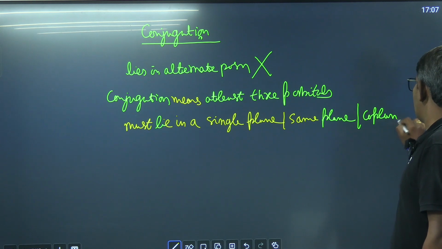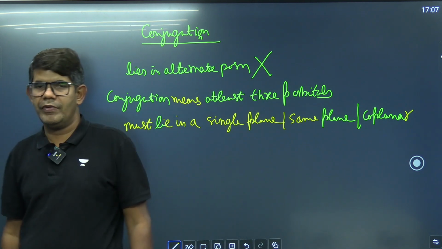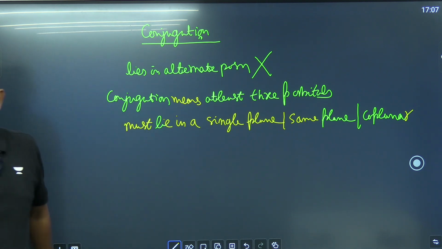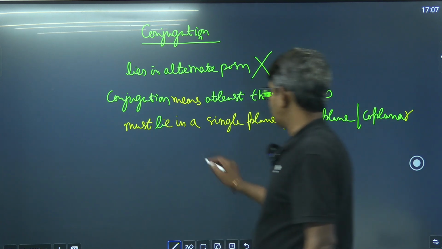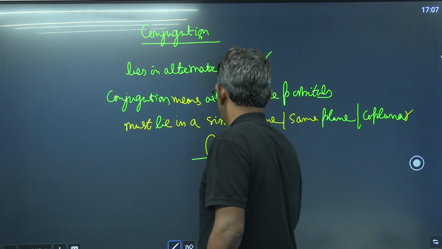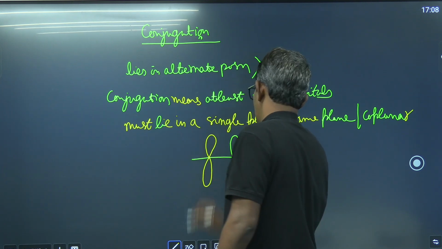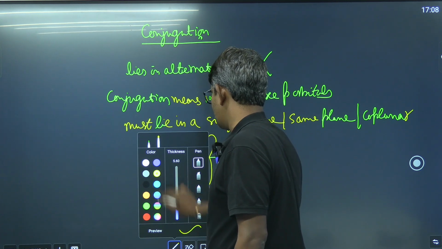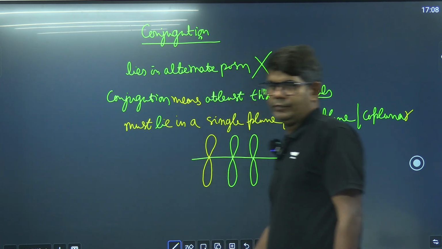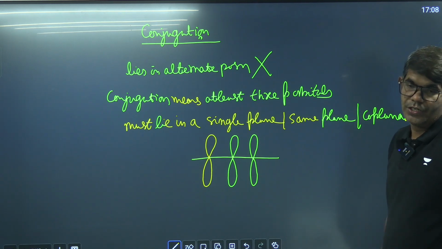If a minimum of 3 p orbitals are on the same plane, then only we consider conjugation to be present, else there is no conjugation. 1, 2, 3. So these 3 p orbitals must lie in the same plane. Then only we consider that conjugation is present.